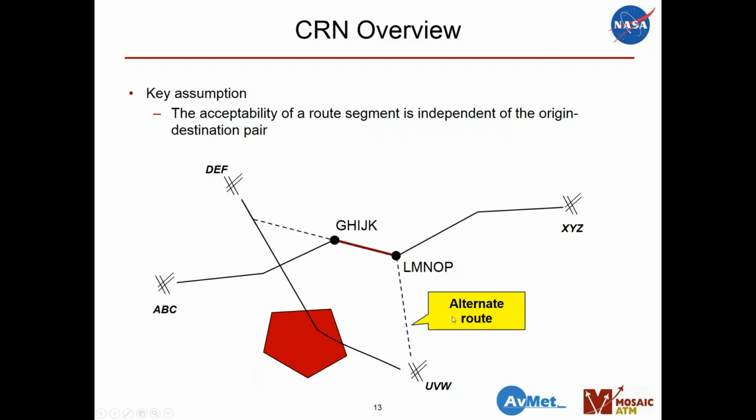The CRN then would use the route segments in the database, and it would identify that route segment, GHIJK to LMNOP, has been used frequently in the past. And so the CRN assumption is that it can be filed again.